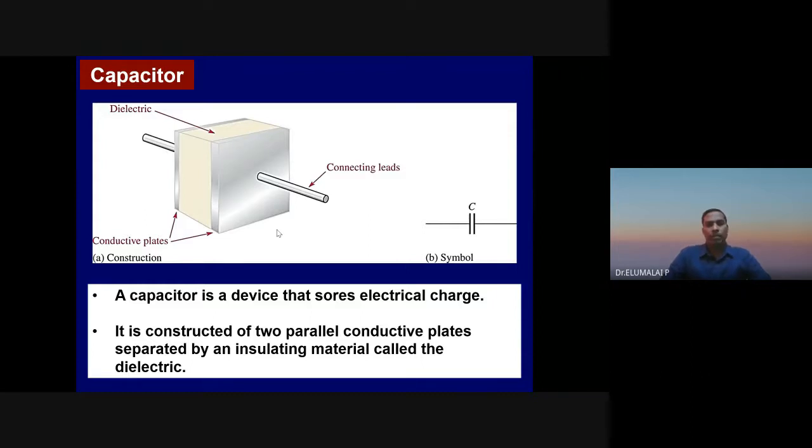It means that when electric charges are applied to a material, if the charges can be held, negative charges in one direction and positive charges in another direction, such materials can be called dielectric materials. They are not conductors, they are insulators, but the ions present in that material can be polarized by subjecting them to an electric field.